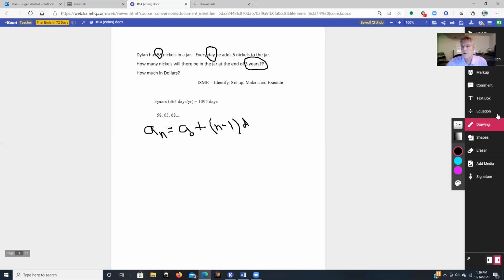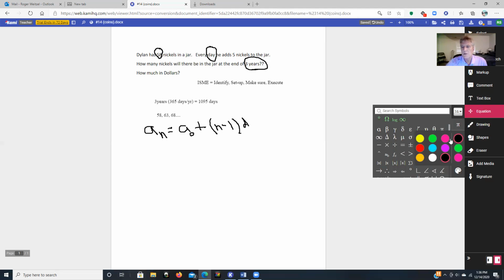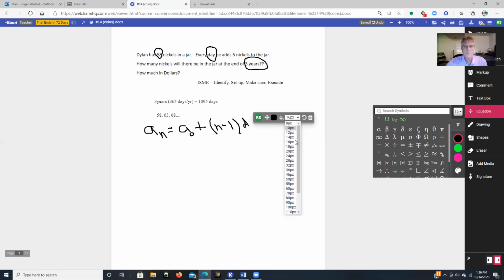Let's just see if they happen to have that in the equation box here. Oh, they do. So we're going to put a delta sign in here.